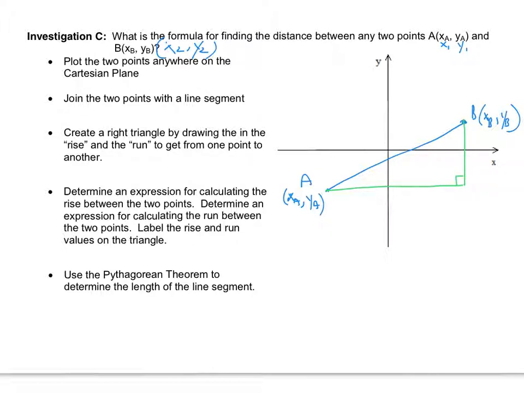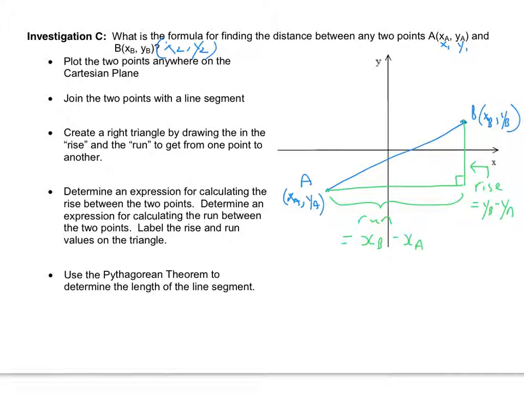I know that my run, this number here, can be earned by calculating my XB take away my XA. That's how I get that distance there. And my rise, this is my rise, is equal to my YB minus my YA.